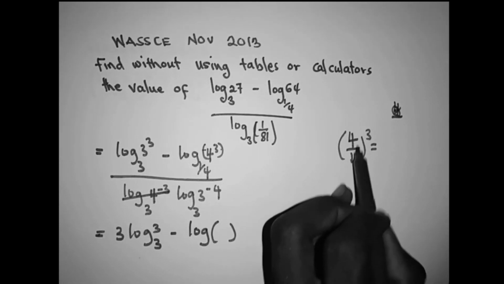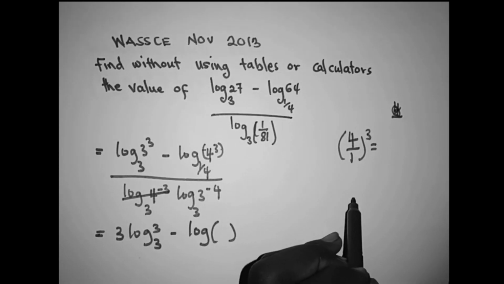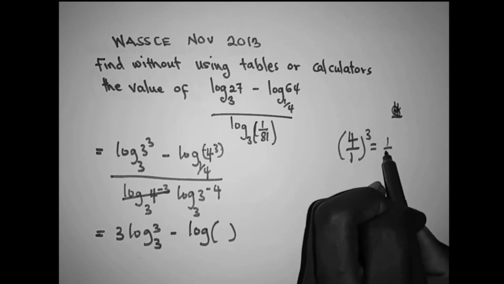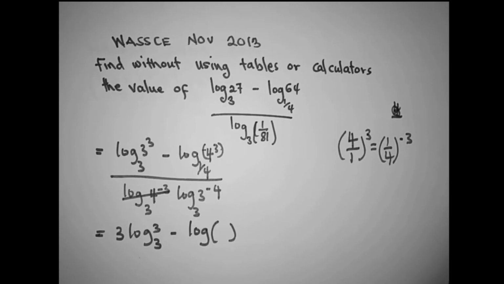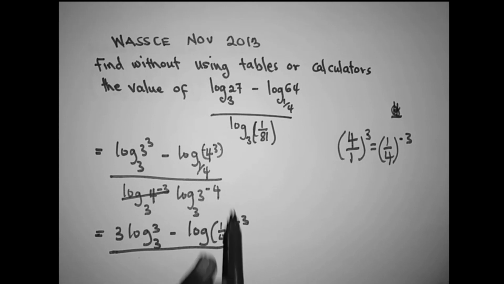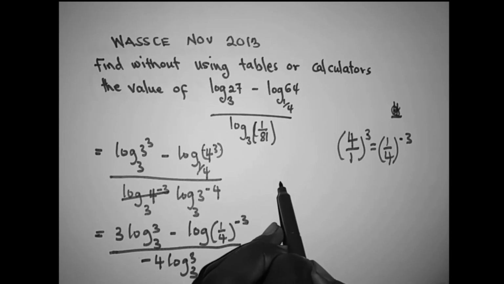When I flip this fraction, I can change the sign of the exponent. So this becomes 1 over 4, then I will change this to be minus 3. So I will do here as 1 over 4 exponent minus 3, divided by, then I'm pushing the minus 4 down. That becomes minus 4 log 3 base 3.